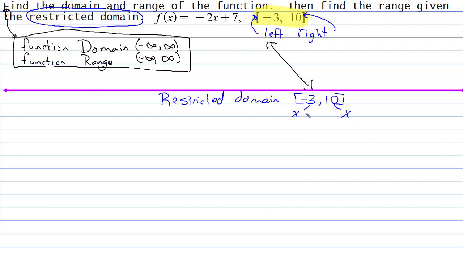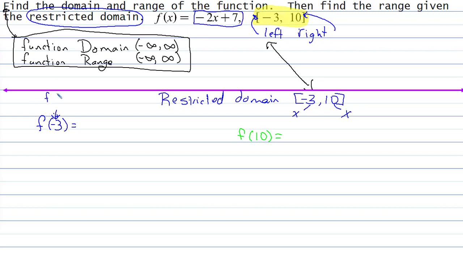What we are going to do is evaluate and find two different things. We are going to find what is f of -3, and then we're also going to find what is f of 10. So we're looking at plugging in both of those. I am going to plug in the -3 into my function.